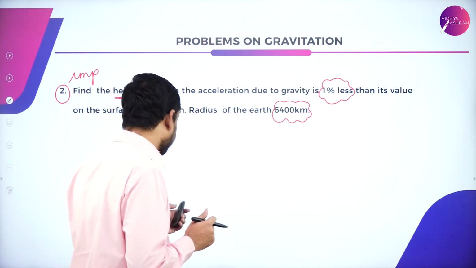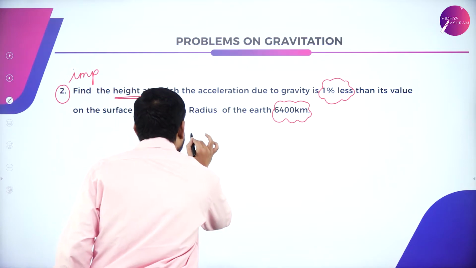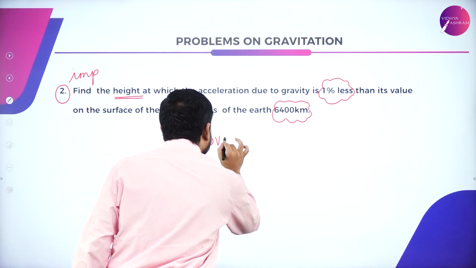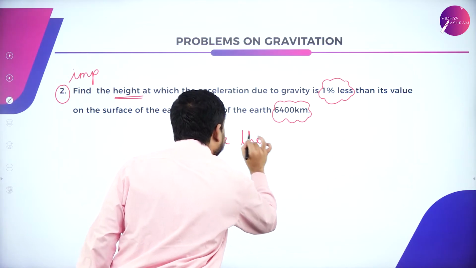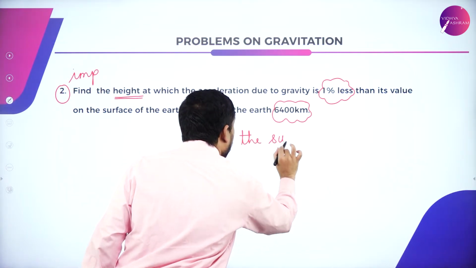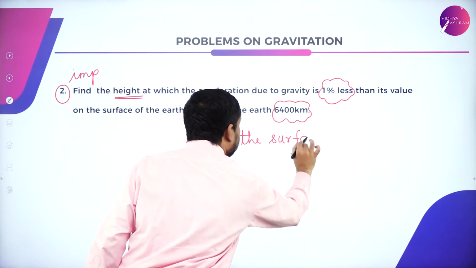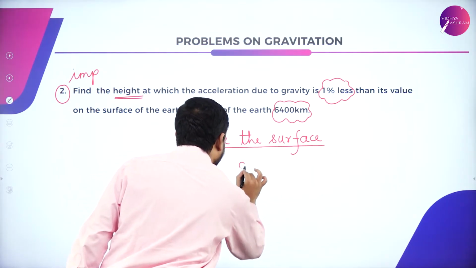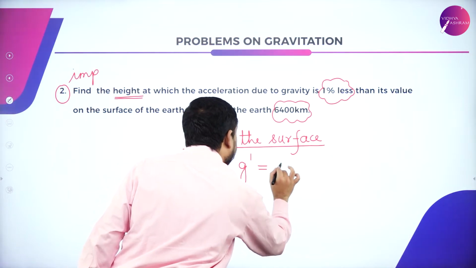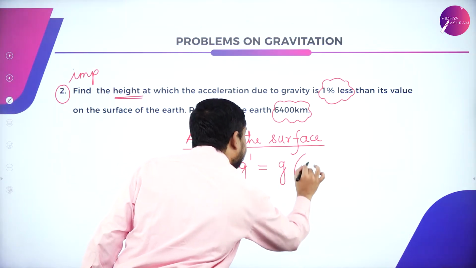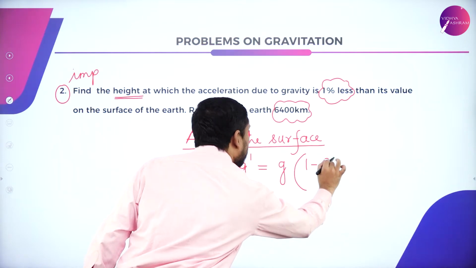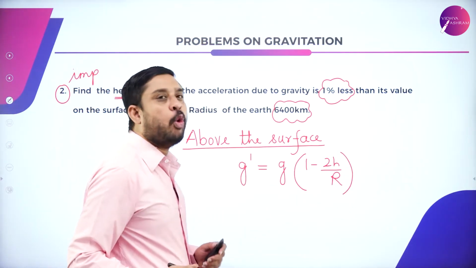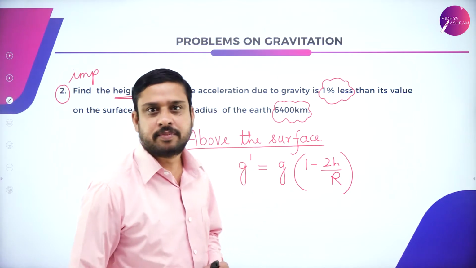Now we know, above the surface of the earth, G dash equals G times 1 minus 2h divided by r.